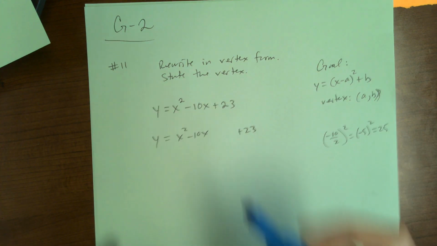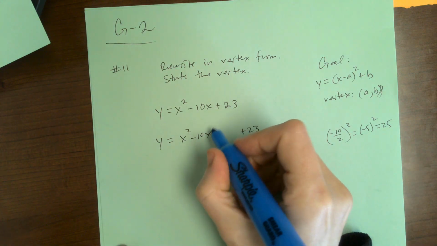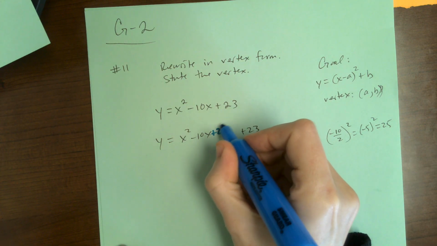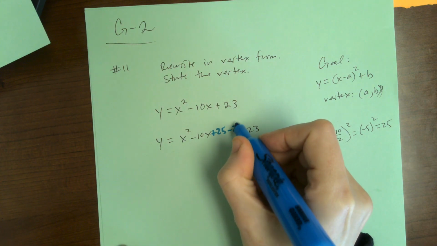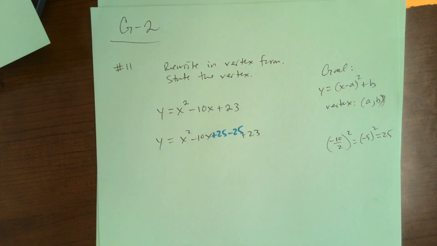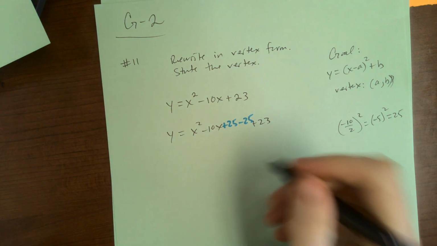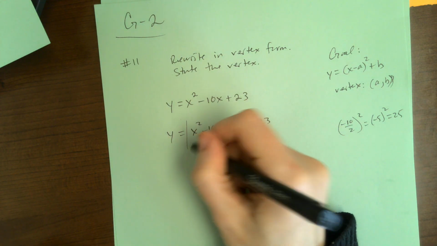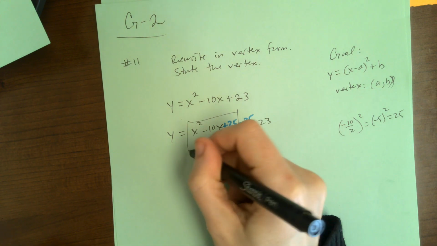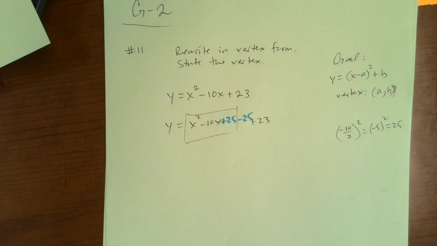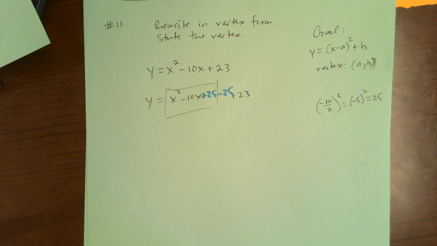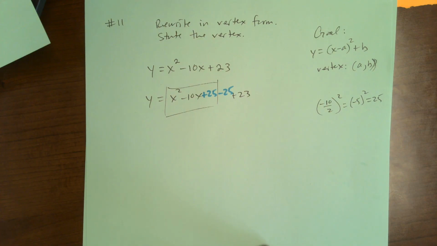To complete the square, I add 25, but then I also subtract it in the same move. Now I focus on just that trinomial there, and I have to factor it.